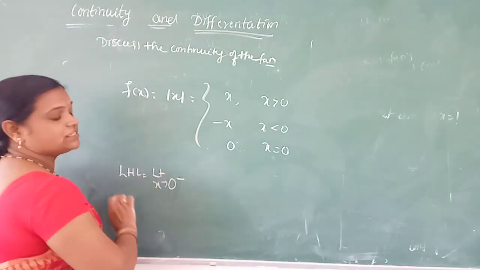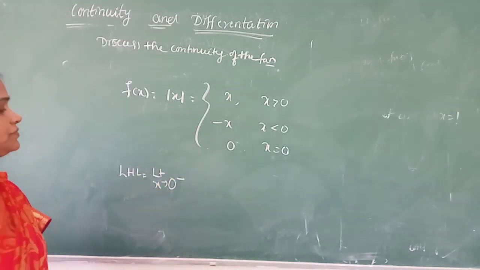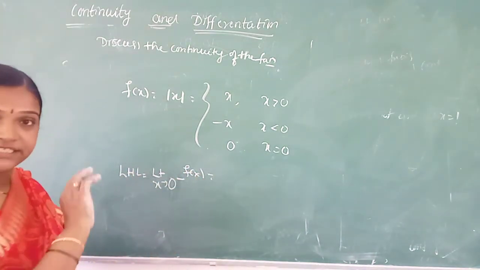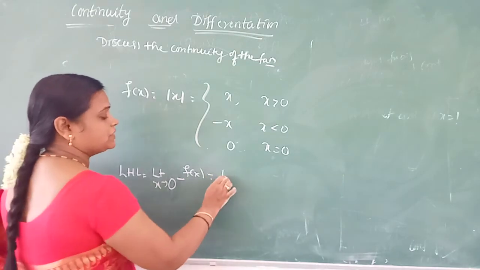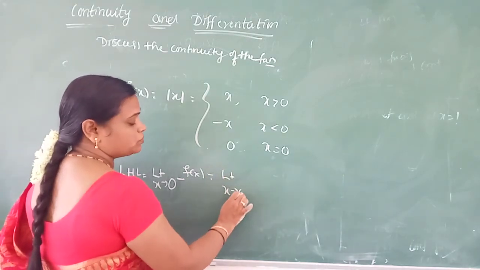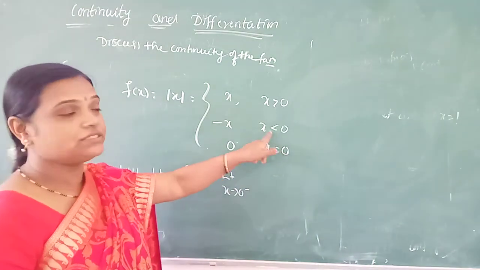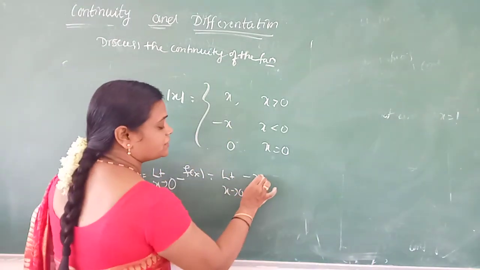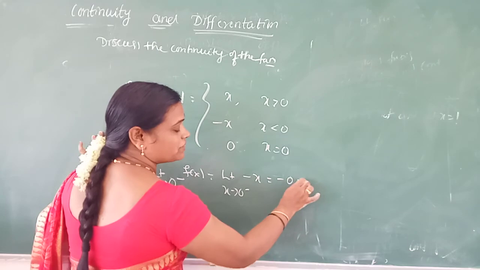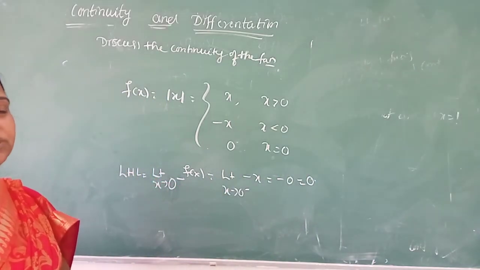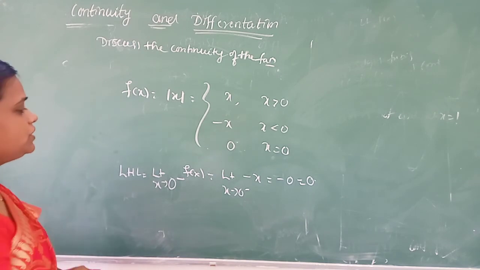Therefore, we can write limit as x tends to 0 minus f of x, which means we have to take values less than 0. What is the value for less than 0? See, for less than 0 it is minus x. Again, minus x, and this is minus 0. Minus 0 is nothing but 0, because for 0 there is no negative or positive value.